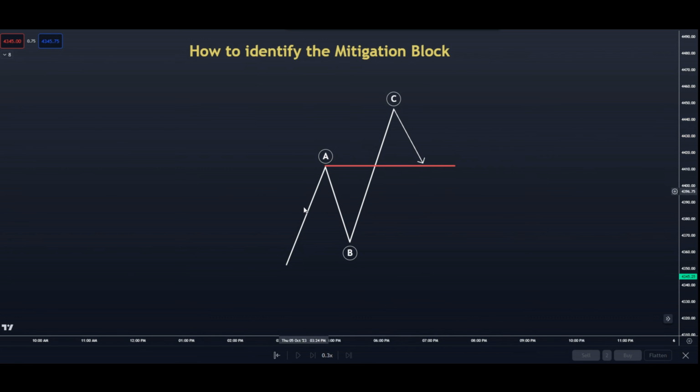That's why it's named the mitigation block, because traders have a chance to mitigate their losses here. Most responsible traders will mitigate their loss and exit if they're given an opportunity to.